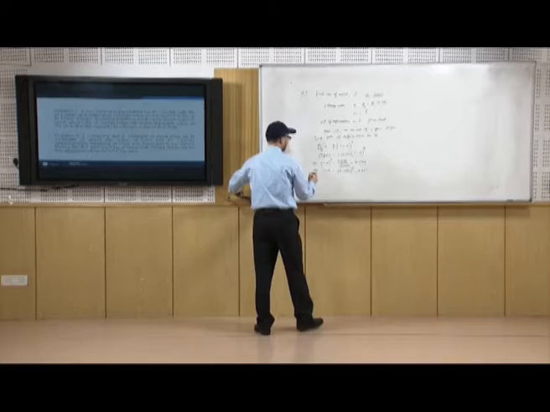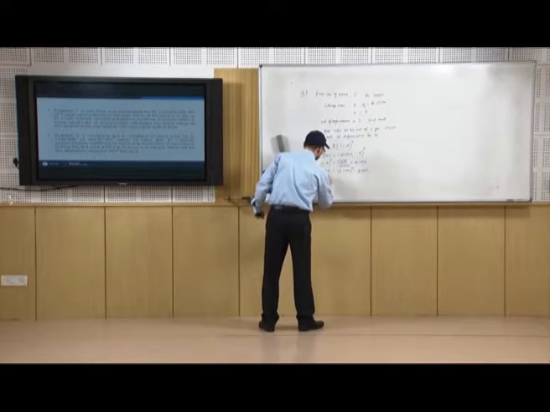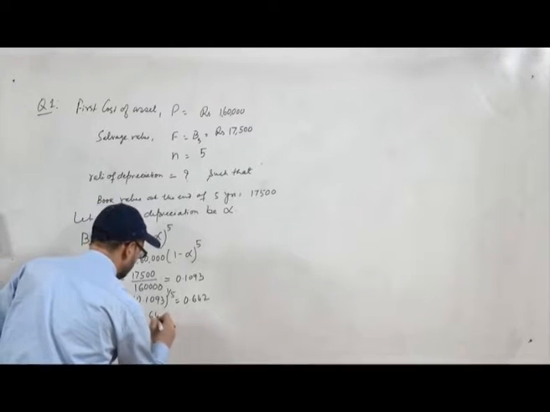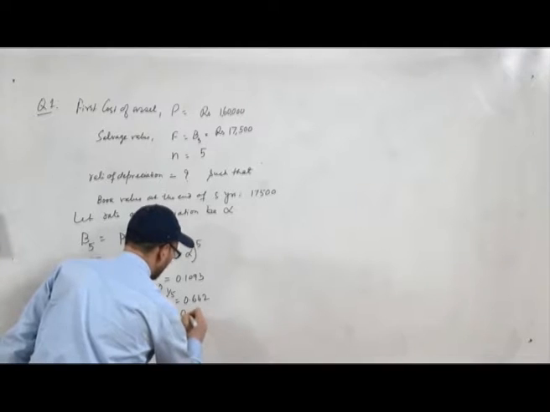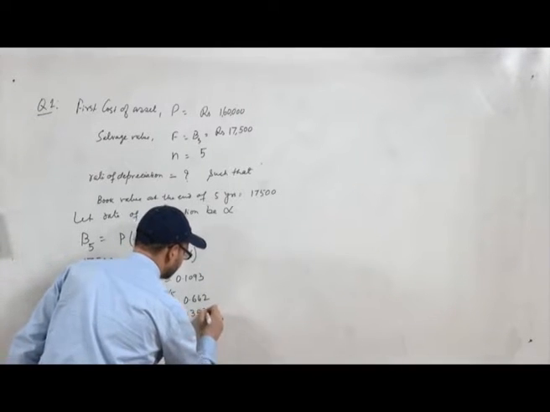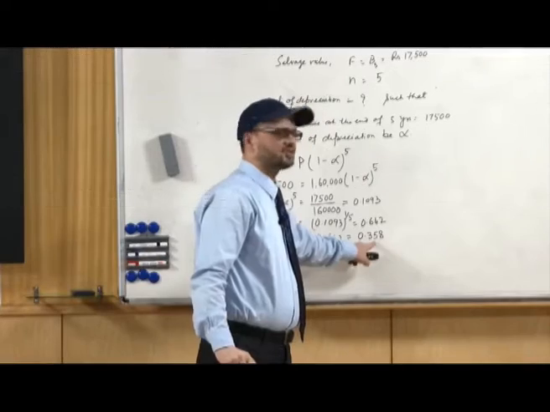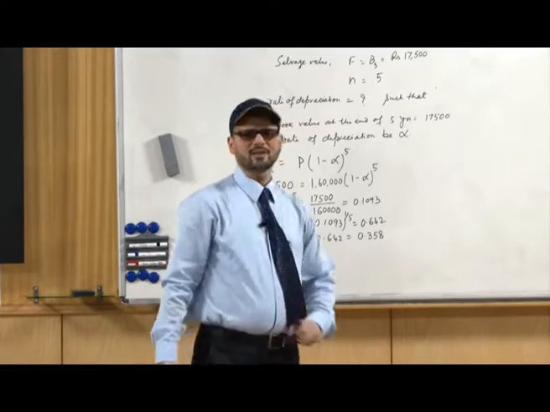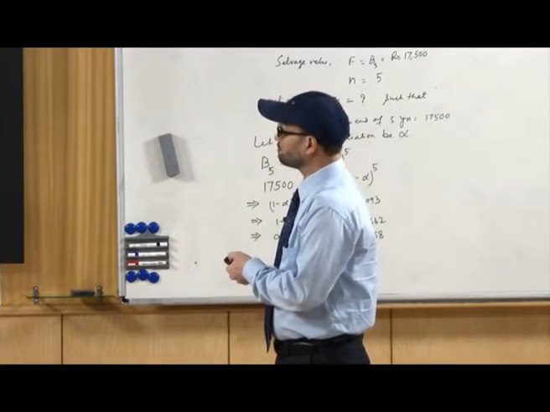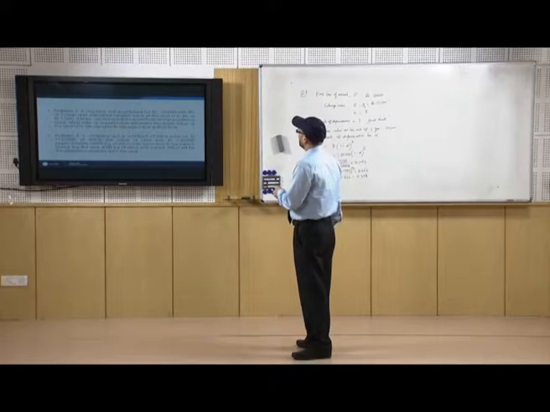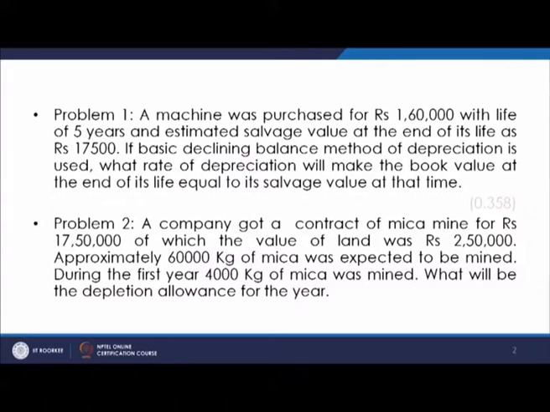So, we get alpha, the rate of depreciation, as 1 minus 0.642, that is 0.358, or 35.8%. If that rate of depreciation is used, the first cost will depreciate to the value of 17,500. So, this is our answer.